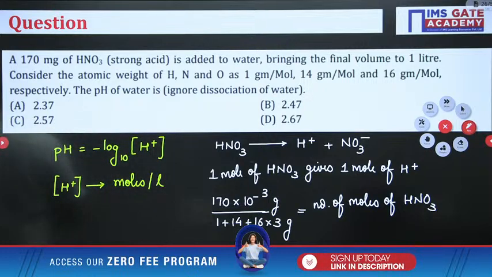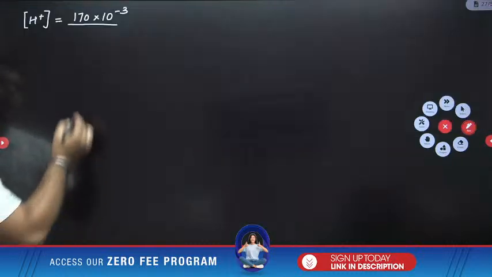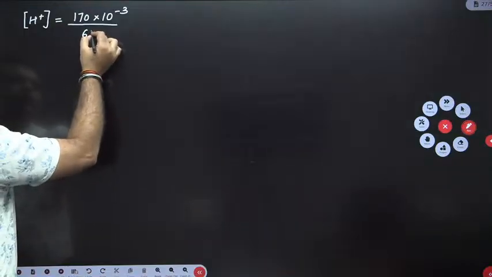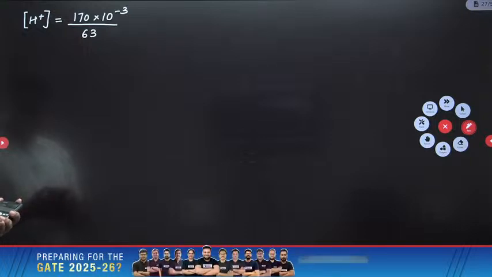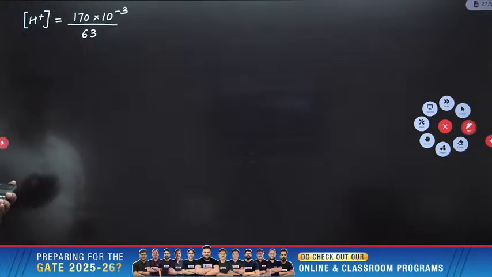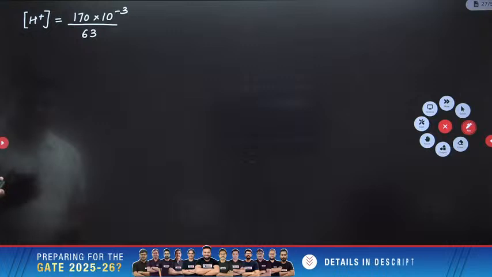Just do 15 plus 48. It will be 63. So this is 170 into 10 raised power minus 3 divided by 63. Please solve this, 170 by 63. So this will be 2.6984.